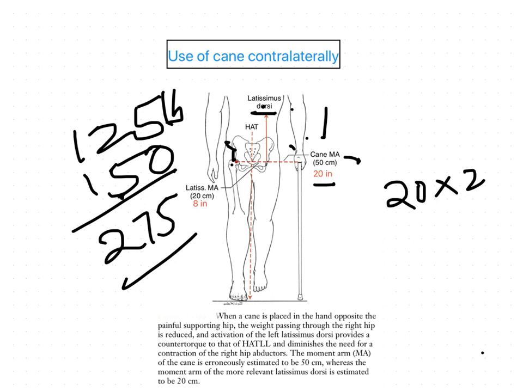This 275 lb is lesser than the hip joint compression we estimated with the ipsilaterally used cane. There it is 375, now it is 275. So much of a difference we have seen by using a cane on the contralateral side.